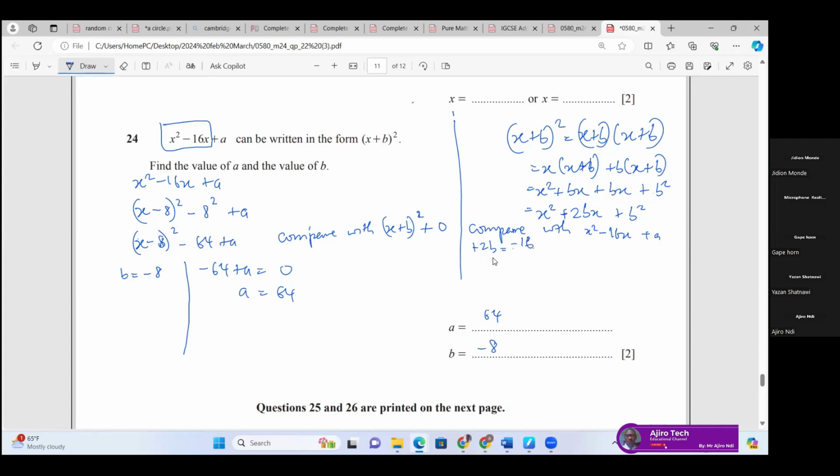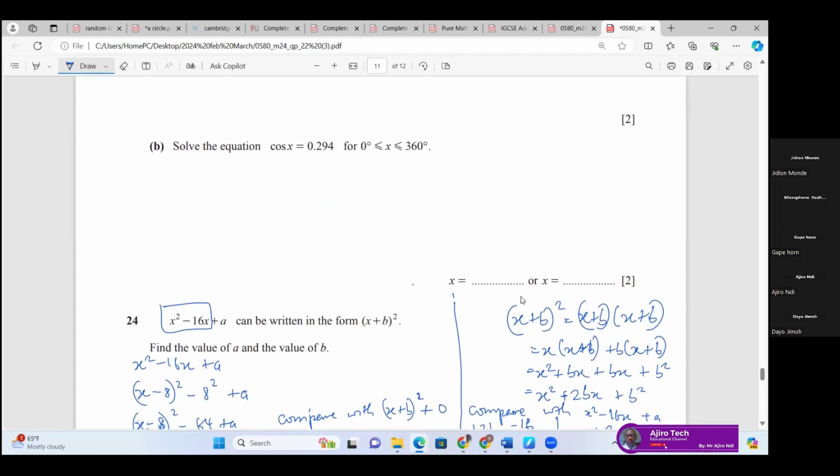So this means that b must be minus 8. Also, based on this, I can say that a is now b squared. A must be minus 8 squared. That is 64. So either way, you get the same answer.